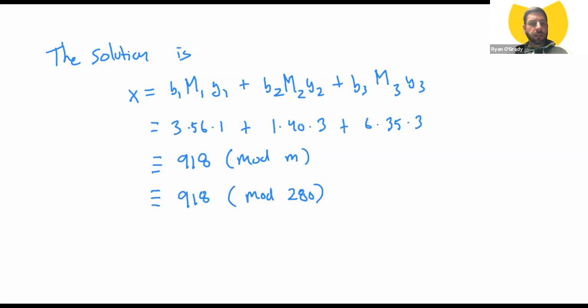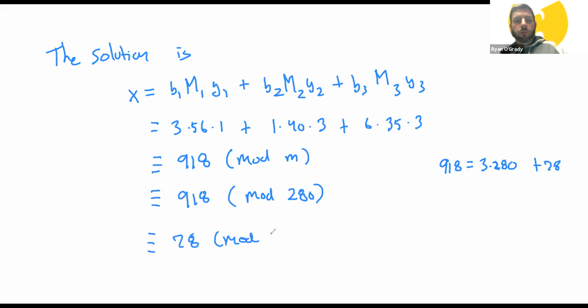I'm using a calculator. What I'm saying is that 918 is 3 times 280 plus the remainder, 78. So that tells us that this is congruent to 78 mod 280.